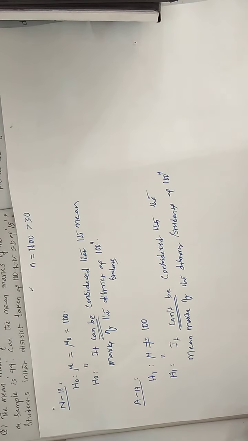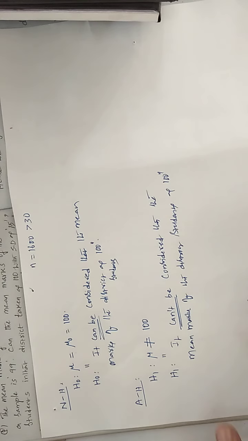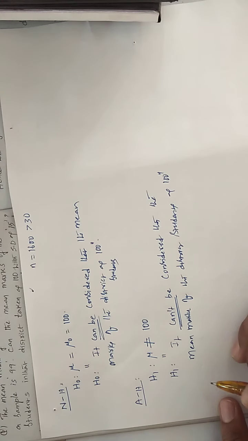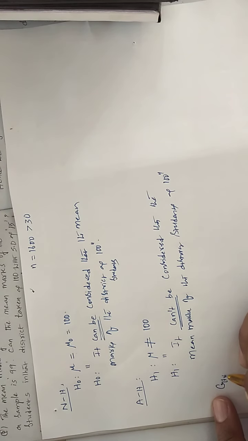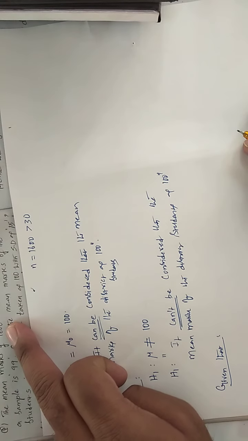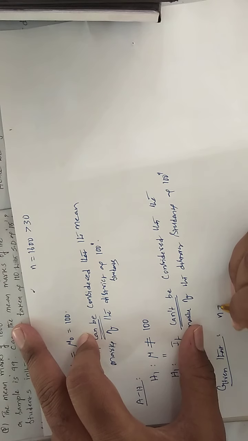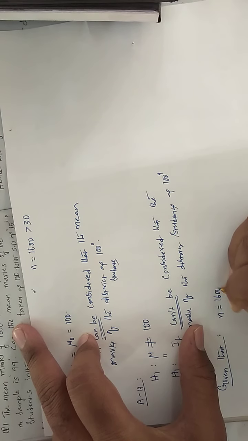Now immediately what is required? You need to write down the test statistic. Before that, write what is given. The mean marks of 1600 school boys: the sample size, small n, is 1600.